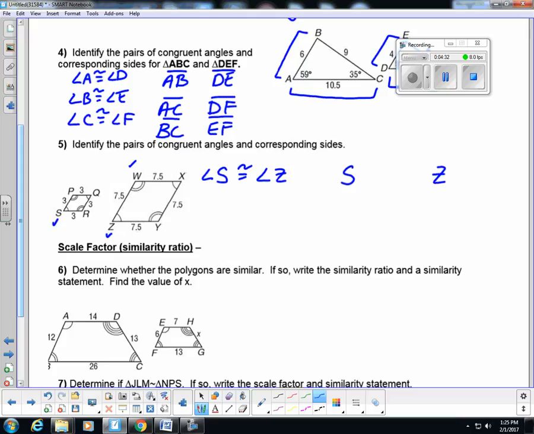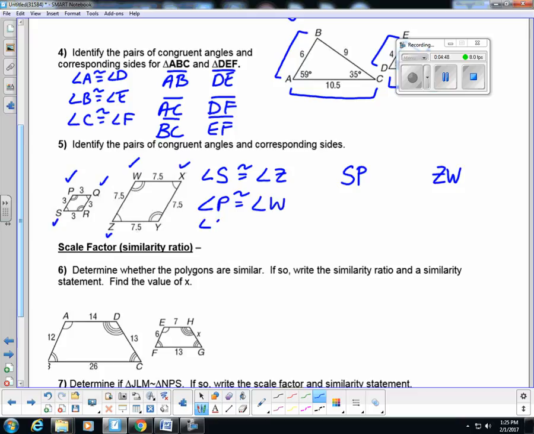So now moving up to W, W is the same as P. So angle P is congruent to angle W. So as I continue to write the names of the figures, P and W. And then keep going, Q and X match up.